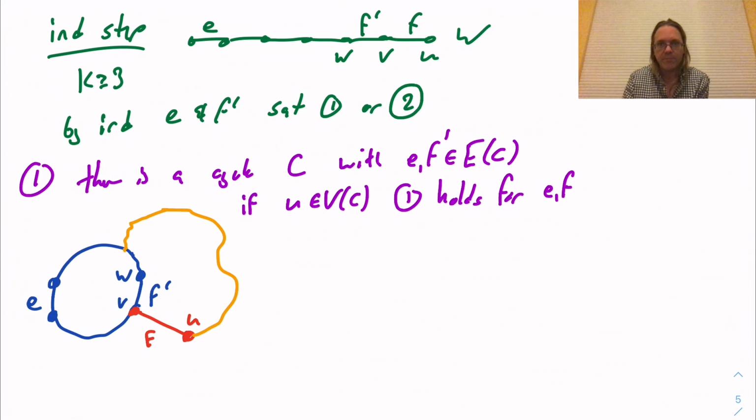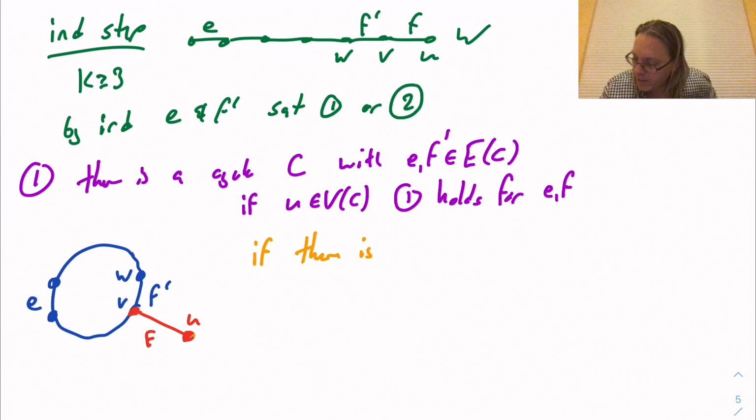I can't really gesture very conveniently, but if you just drop out this, you kind of have a sort of a theta picture like this. If you drop out this middle vertical line in your theta, you're going to be left with a cycle that uses both E and F. So we're going to basically try to get this, and that's going to once again break us into two cases.